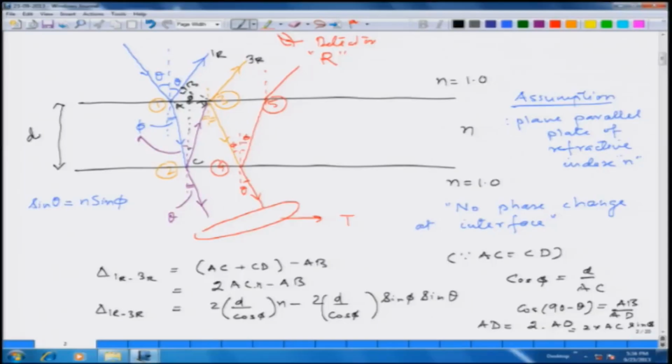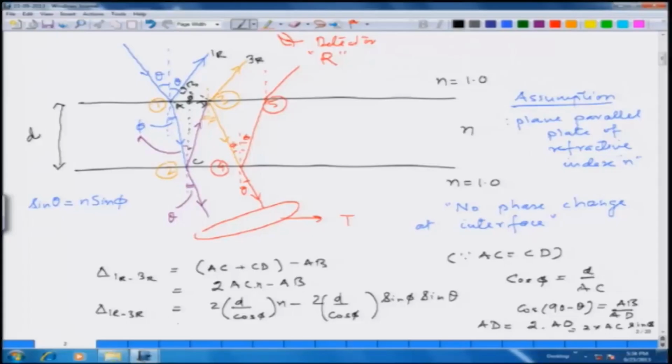Now, this can be easily reduced into a simpler form, and if we do that, we will use Snell's law here.